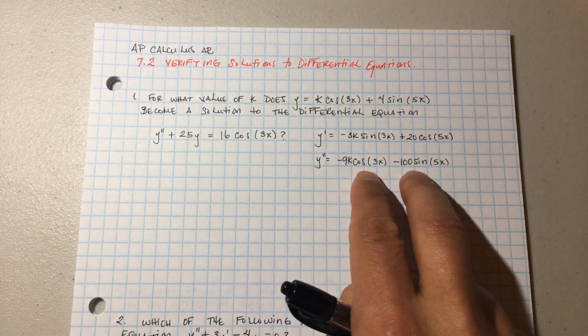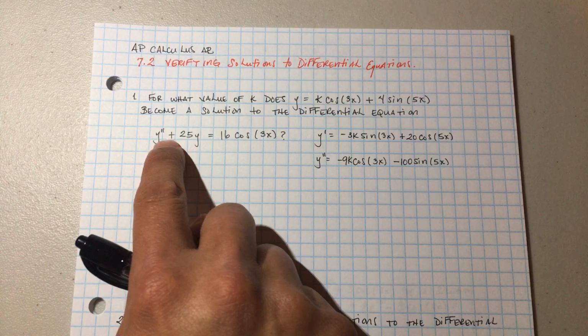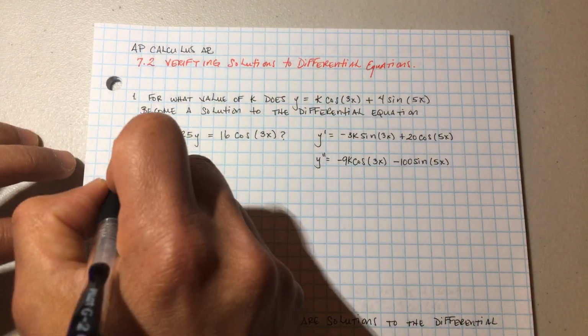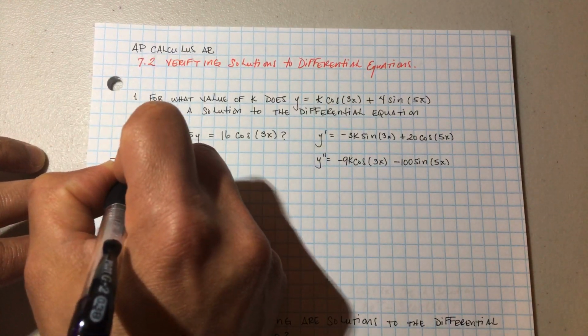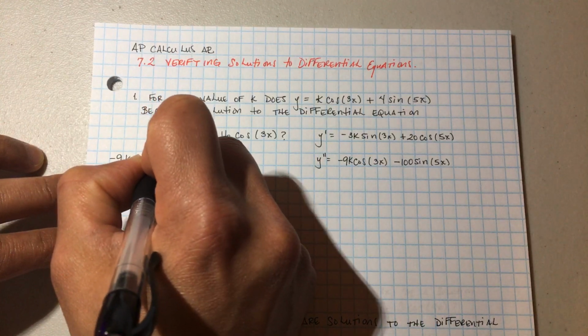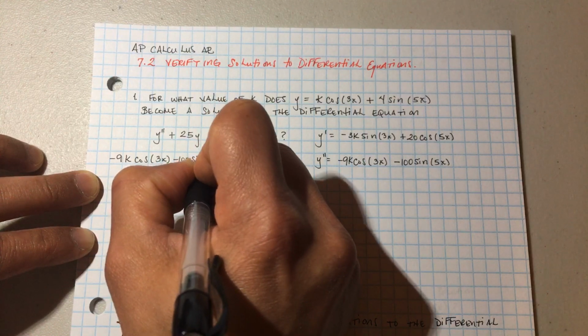Now this is going to get plugged in here, plus 25 times the y. You're going to plug in this value. So let's go ahead and do that. Our second derivative is negative 9k cosine of 3x minus 100 sine of 5x.